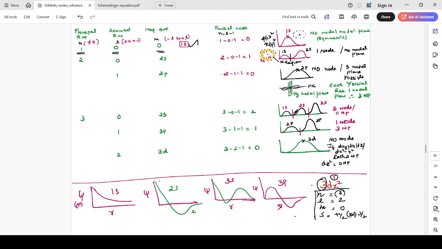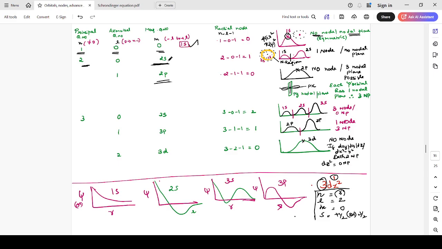And that's what we are seeing right now on this page. We discussed 1s: I don't have any node at all, there is no nodal plane either. This is my maxima. When I said n is 2, I have 2s and 2p, two possibilities.